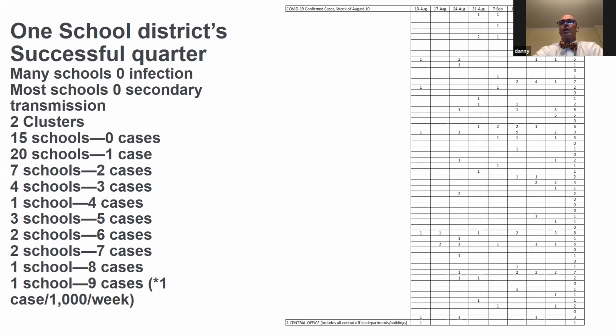This is a really successful school district in the first quarter. This is a testament to adherence to masking, adherence to distancing, the hybrid instruction environment, and hand hygiene practices. Go ahead, next slide, please.